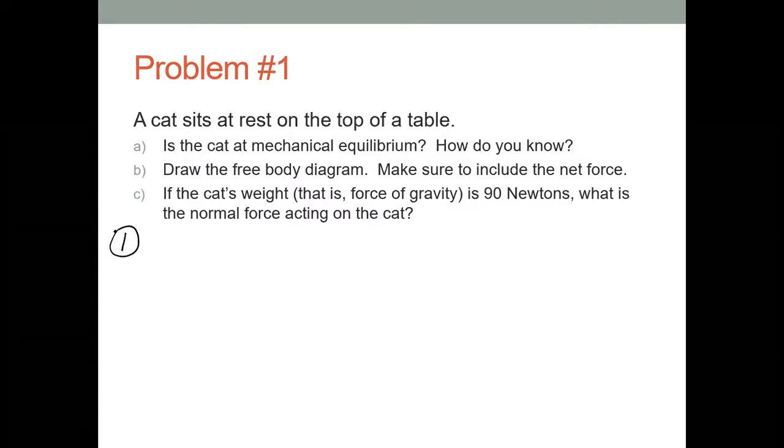So if you imagine that, question A says, is the cat in mechanical equilibrium? Now, remember, equilibrium, that's what happens when all the forces are balanced. So anyone can go ahead and say this in the chat. But if you could, in the chat, tell me, do you think that this cat is in mechanical equilibrium?